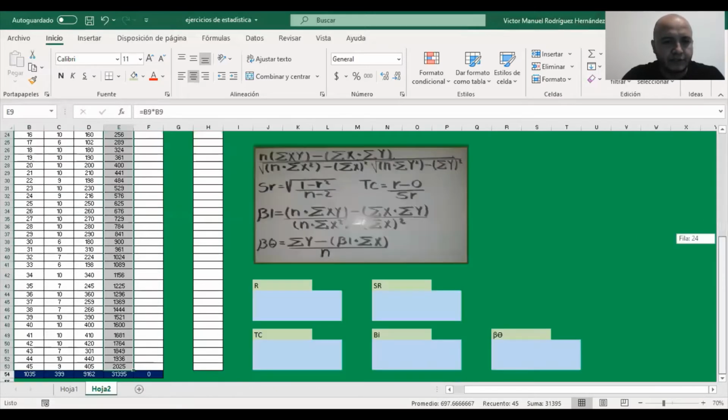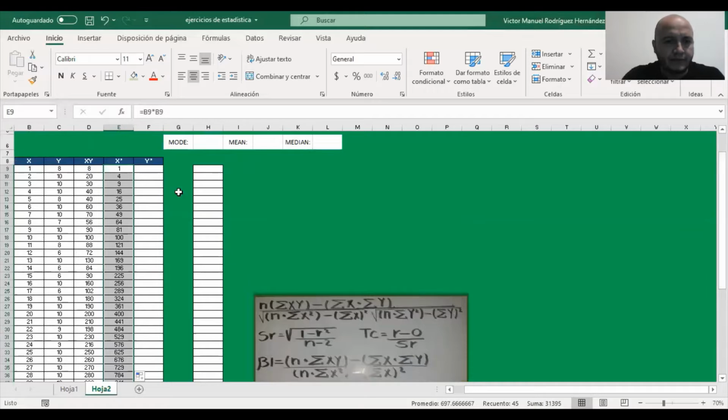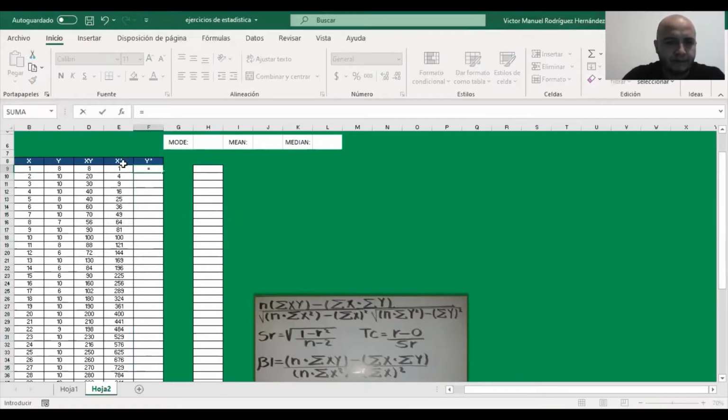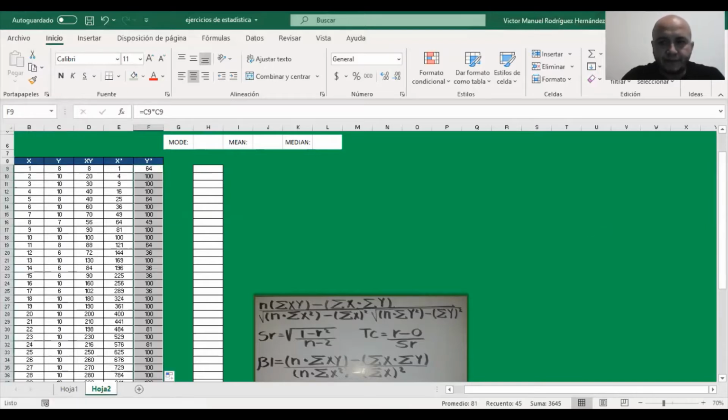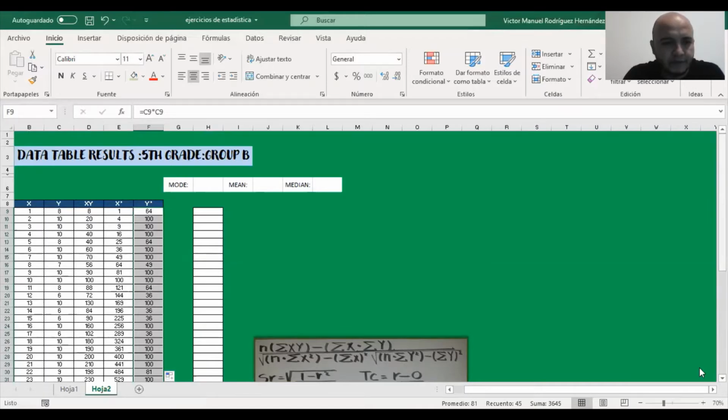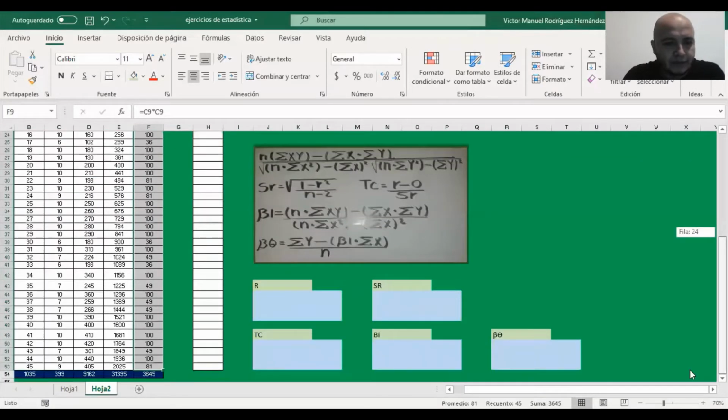As you can see, the same thing happens with y squared. We have to multiply this by itself, like that. All right. So we have already all the data that we need.